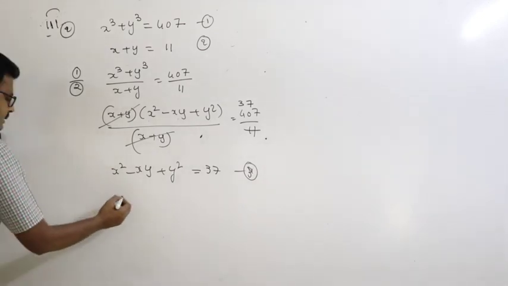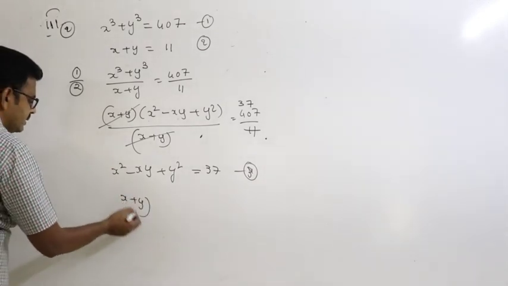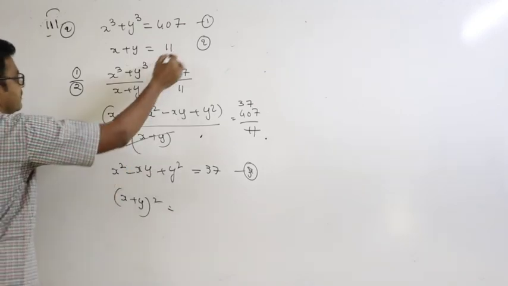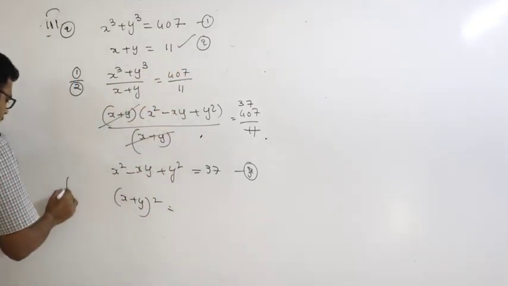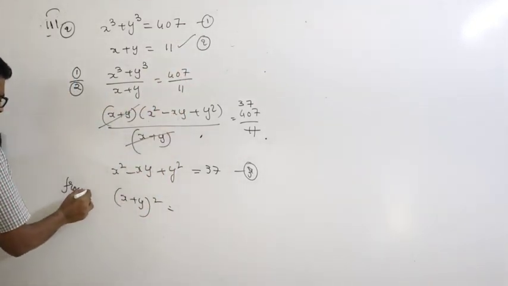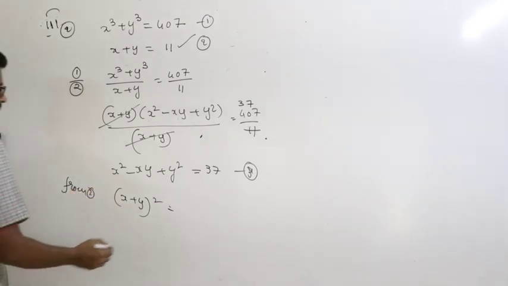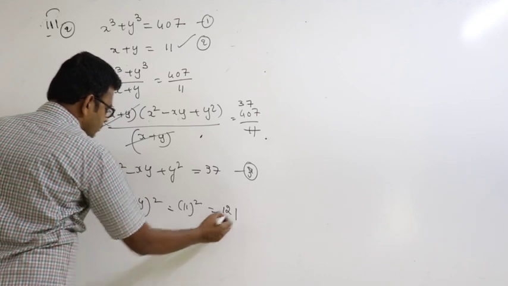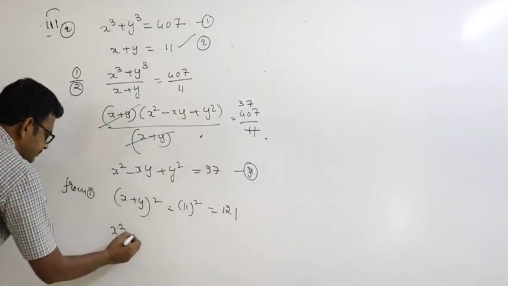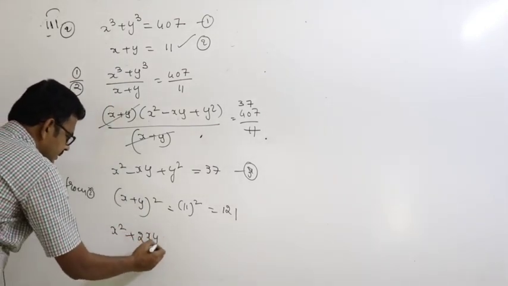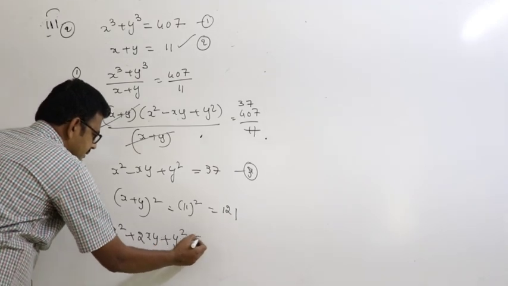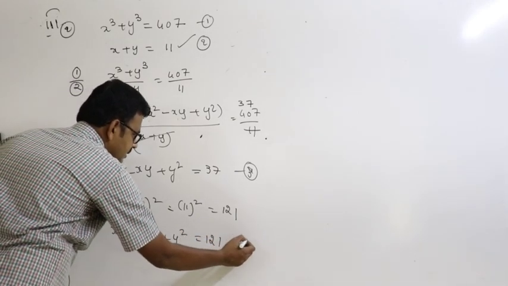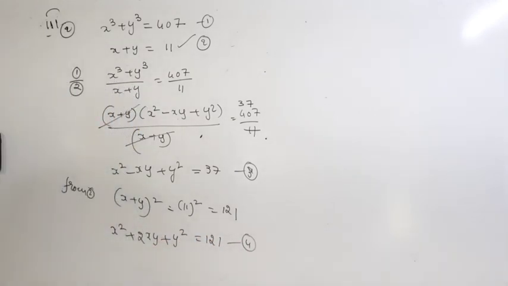And x plus y whole square, from the second equation, squaring on both sides is equal to 11 square, that is 121. That is x square plus 2xy plus y square is equal to 121. This is fourth one.